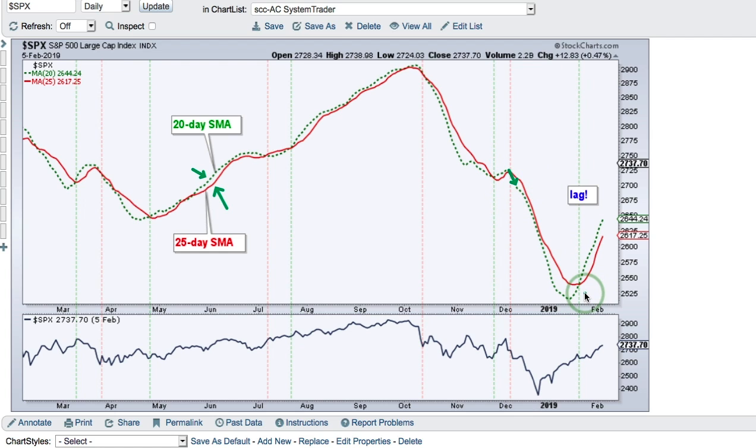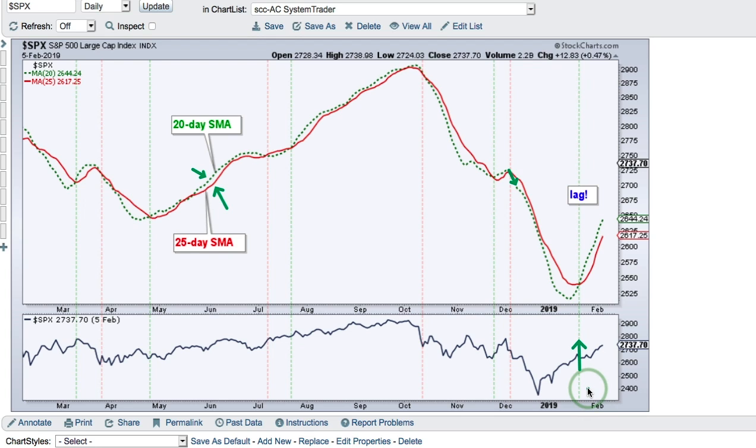And there's going to be lag. 5-day is not going to have as much lag as, say, 20-day. 20-day is getting a lot of lag. You wouldn't have gotten a bullish signal until the latter part of January here on this most recent upturn in the stock market.